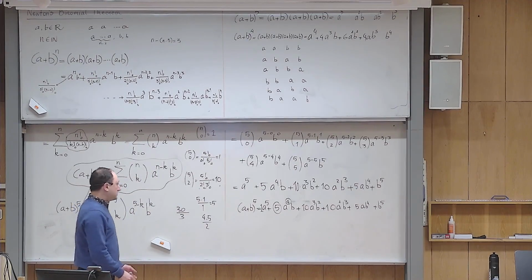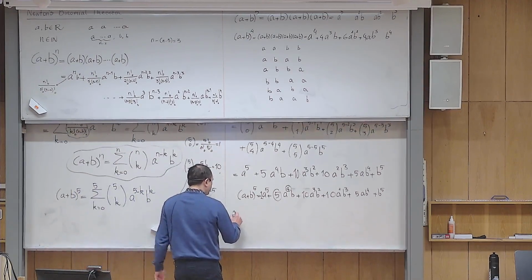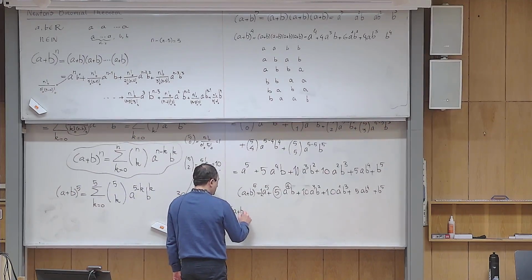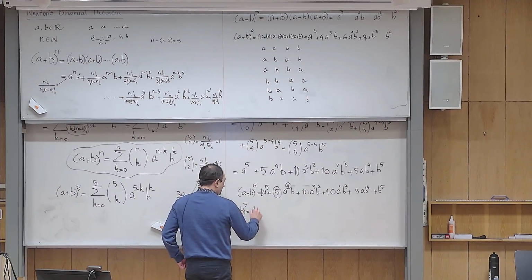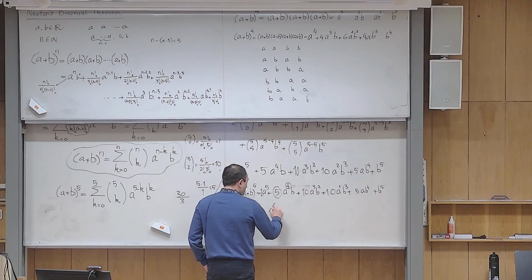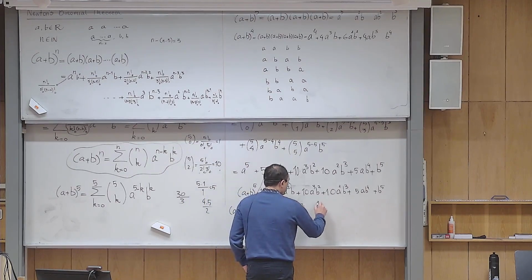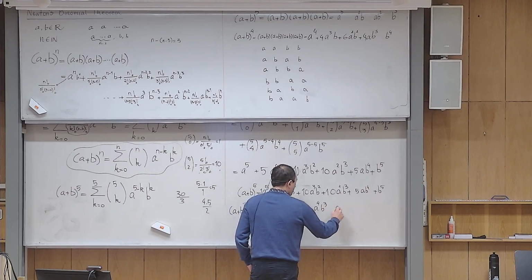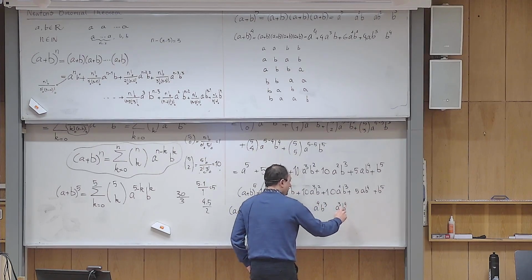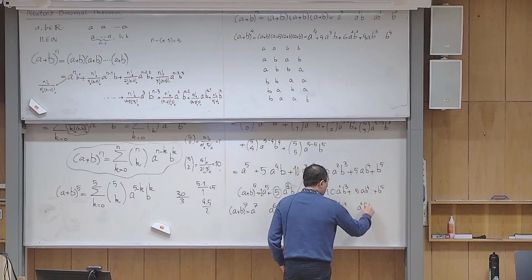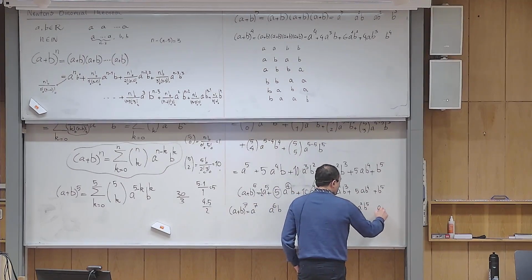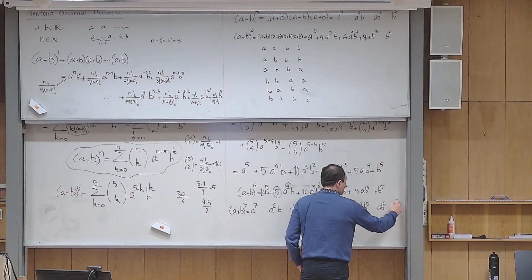Yes? For example, if I ask you to calculate this to the power of 7, you can write a7, a6b, a5b2, a4b3, a3b4, and then a2b5, and then ab6, and finally b7.